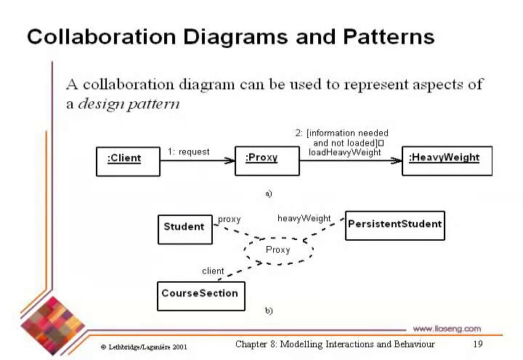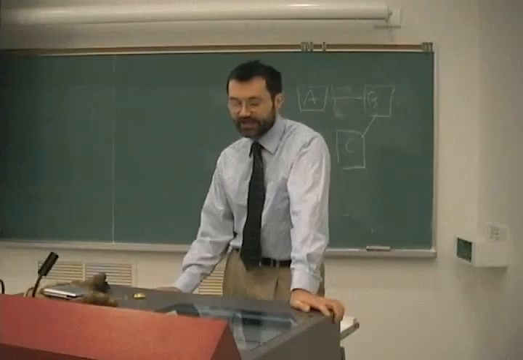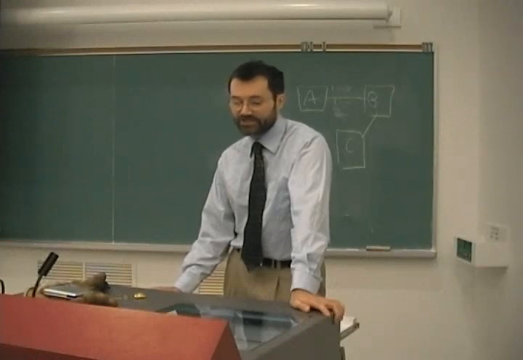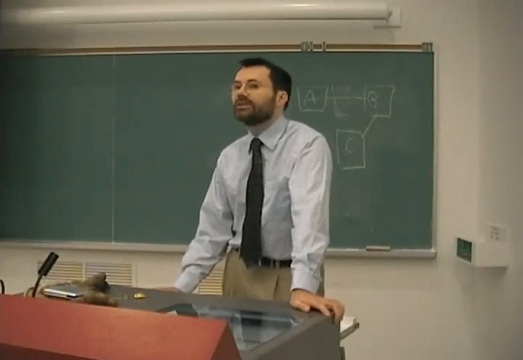This proxy is a named collaboration that involves a student in a proxy role, a course section in a client role, and a persistent student in a heavyweight role. Notice this is actually a class diagram at the bottom. These are actual classes now, but I'm showing the roles they play in this particular collaboration.